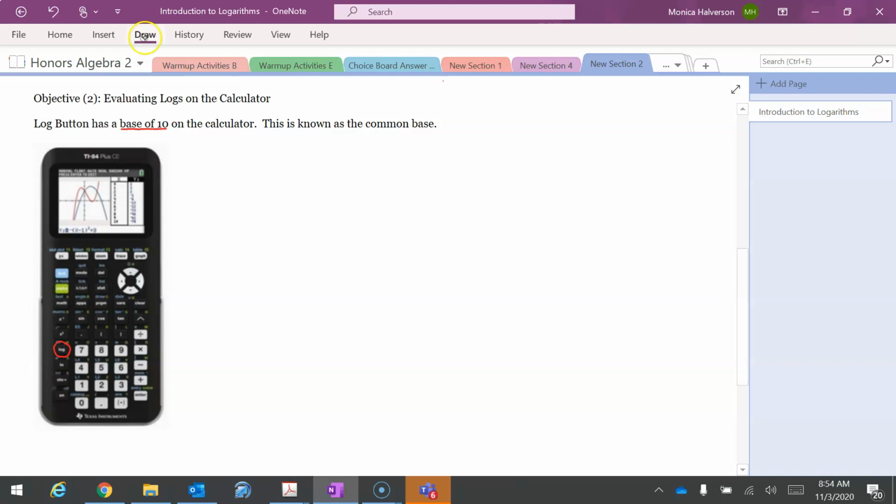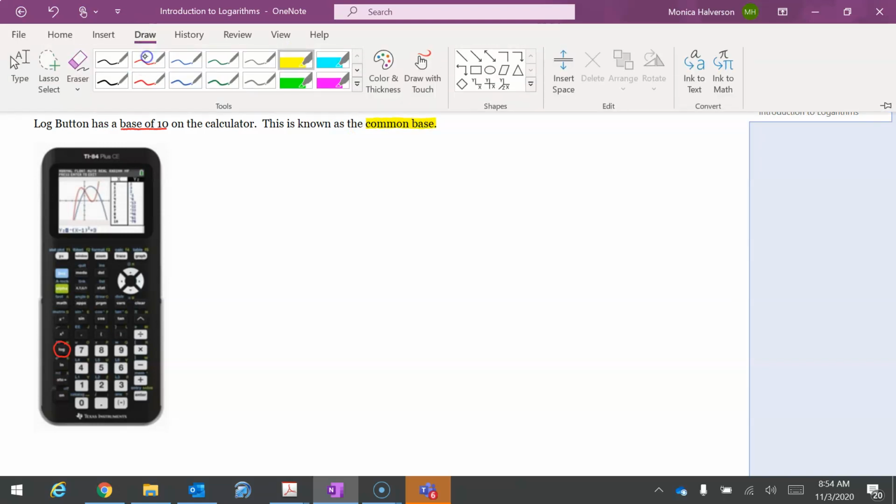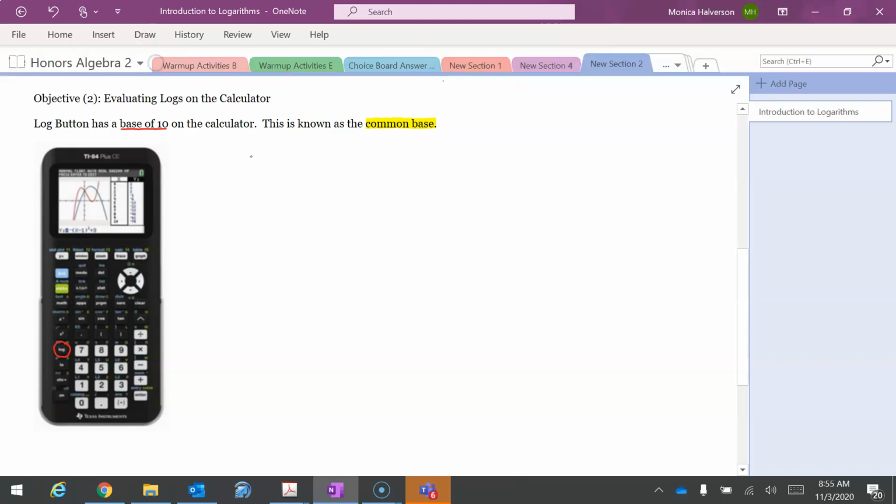This log button is programmed to have a base of 10. And a base of 10 is known as the common base. So very often, you're going to see it written like this: log 7. If there is no base written, it is implied to be log base 10 of 7.